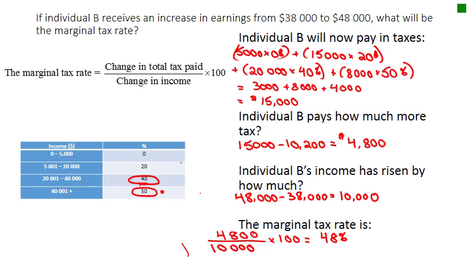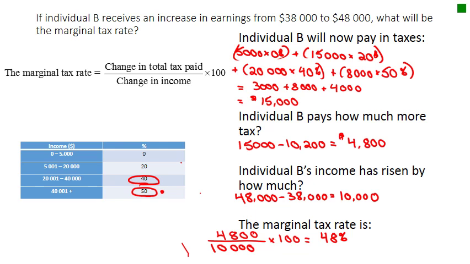And the marginal tax rate is going to be the change in tax paid over the change in income multiplied by 100. And we see that that extra $10,000 has been taxed at 48%. Now we want to see if that's reasonable.